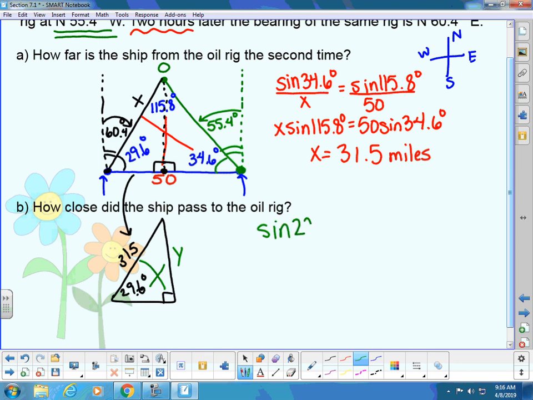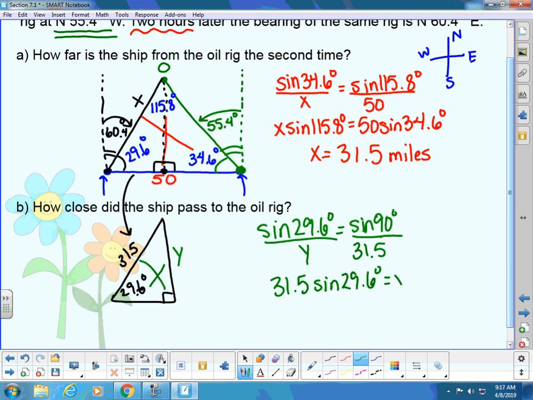Sine 29.6 over y, sine 90 over 31.5. Cross multiply to solve. 31.5 sine 29.6 equals y sine 90.